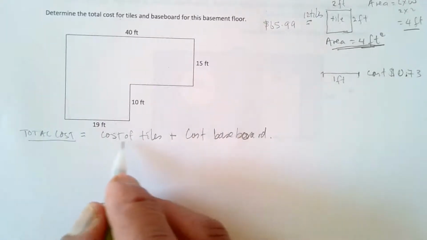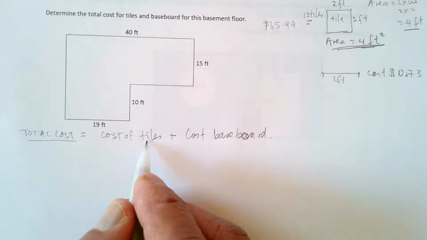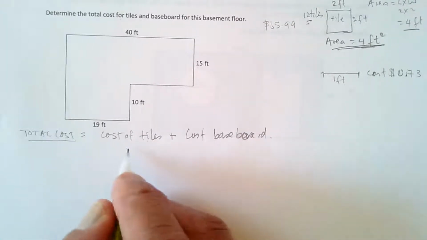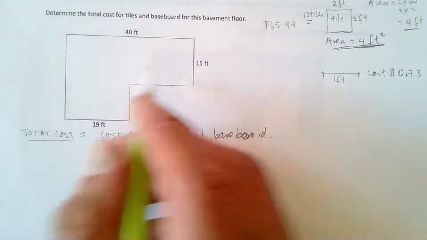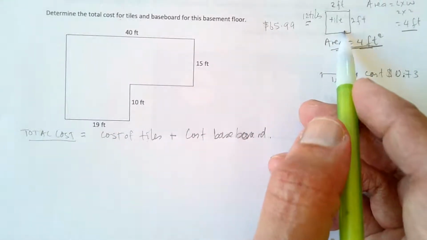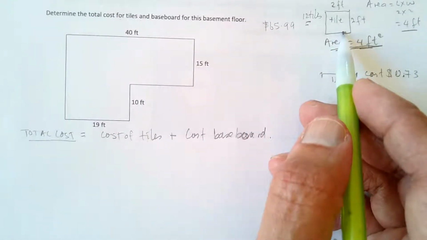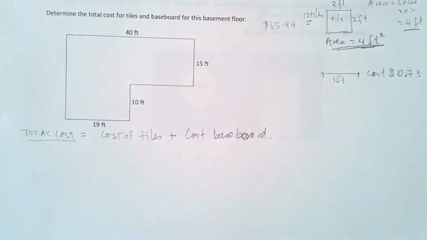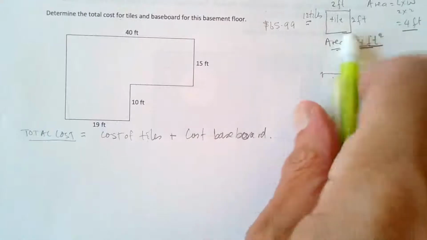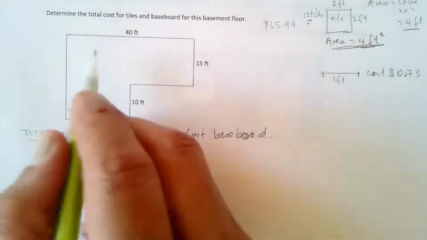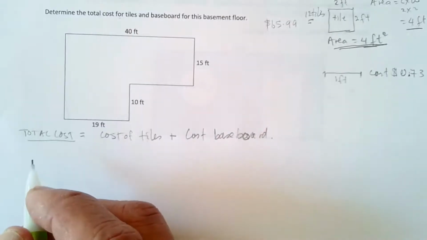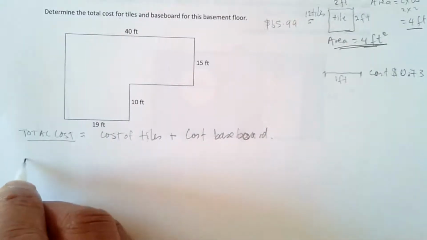So we need to find the total area, the cost of tiles, meaning the number. So the cost of tiles here will be the number of boxes of tiles we need times the cost per box plus your GST and PST. Well, let's go find the total area.